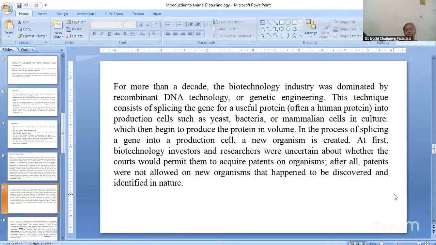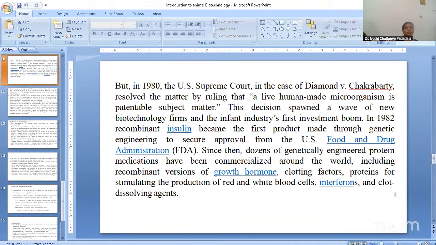He is the one who identified the microorganism called Pseudomonas putida. In the year 1980, he sued in a case against the US government over whether human-made organisms are patentable subject matter.